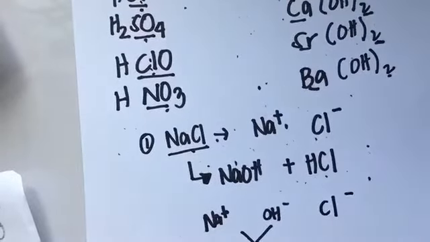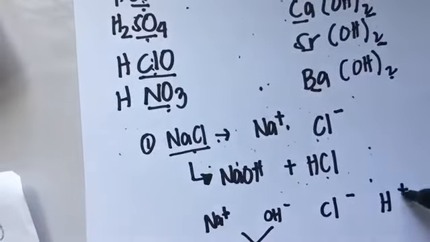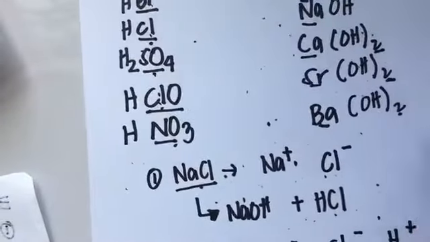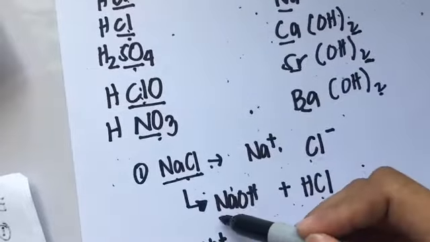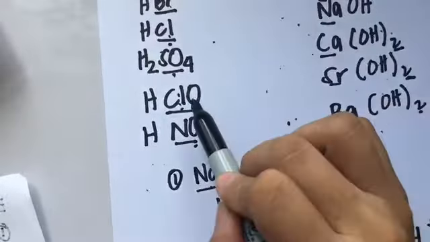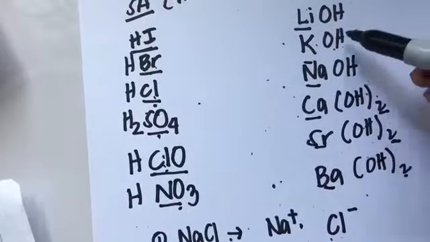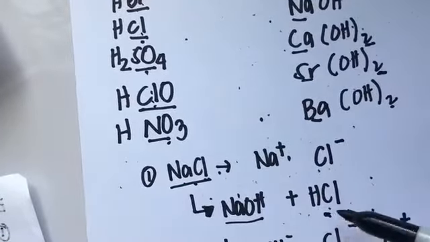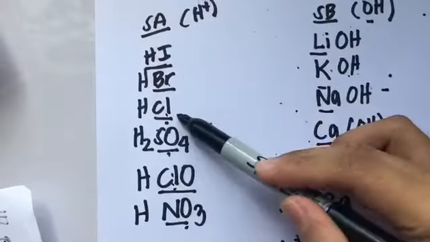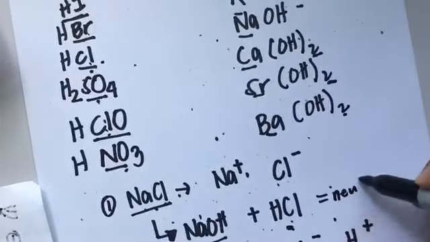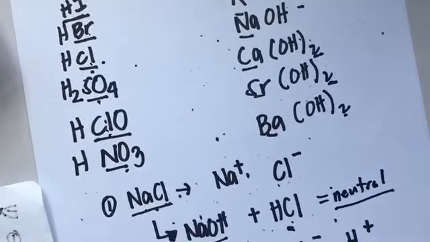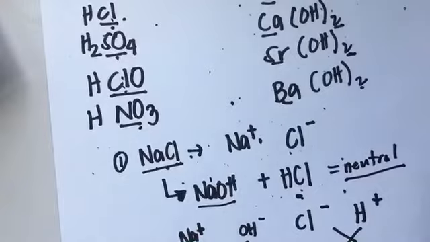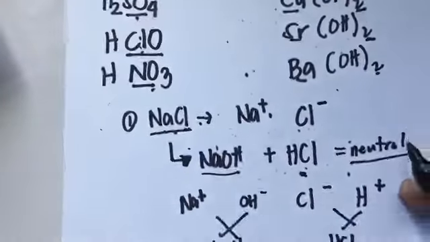Ang Cl may charge na negative, ang H ay may charge na positive, kaya crisscross, HCl, they complement each other. So this salt, NaCl, is derived from NaOH, which is a strong base, plus HCl, which is a strong acid. That's why ang kanyang aqueous solution of the salt will be neutral. Gets niyo na? So parang ganun lang. Will be neutral.